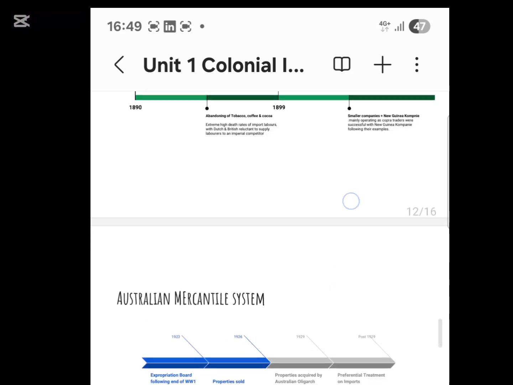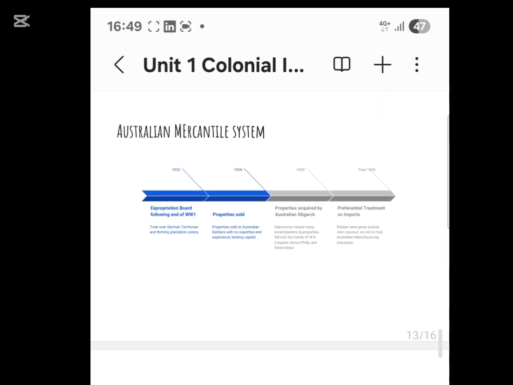And again, the Australian mercantilist system. By 1918, we know World War I, German was defeated, and so all the German territories were broken up, given to the Allies, and as a result, the territories were left under the Australian administration.